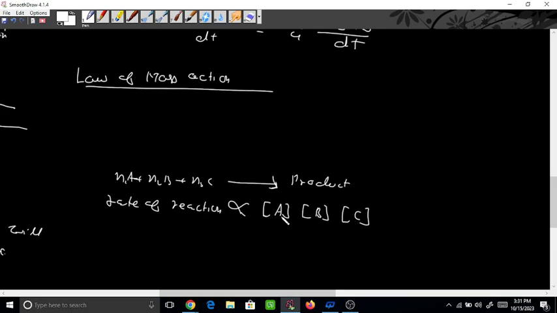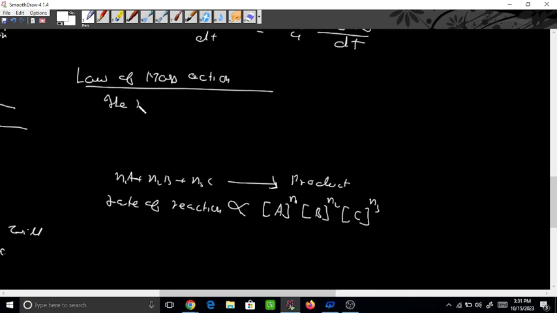So here the concentration will be the active mass. The rate of the reaction will be directly proportional to the product of active masses raised to the power of their coefficients. So this power will be n1, this n2, this n3. This is called law of mass action. The rate of the reaction is directly proportional to the product of active masses raised to the power of their stoichiometric coefficients. So you can write it down.